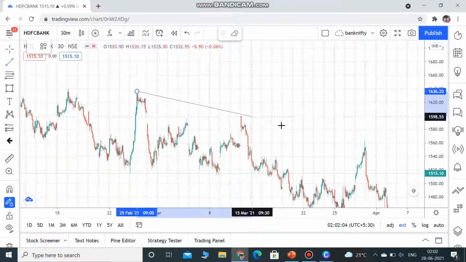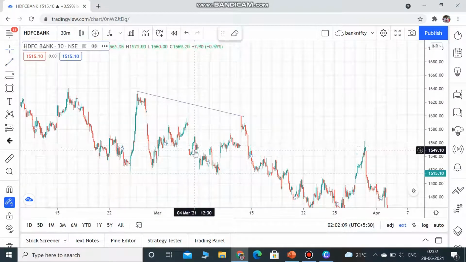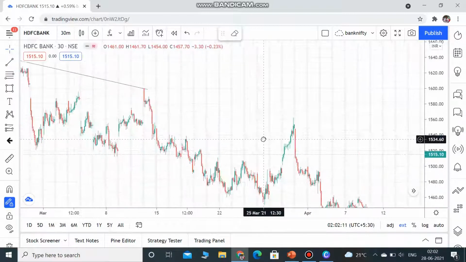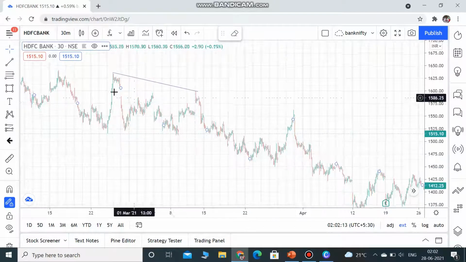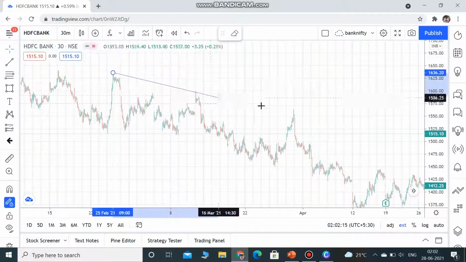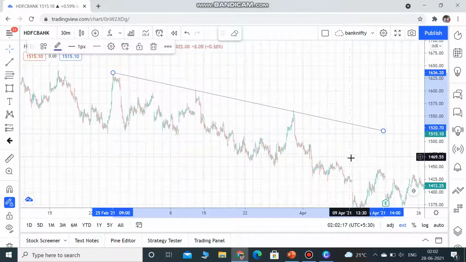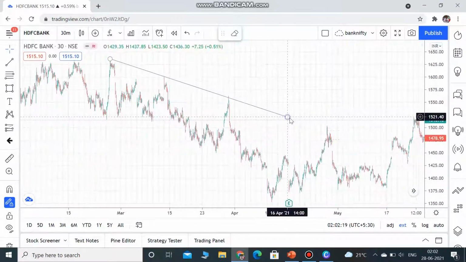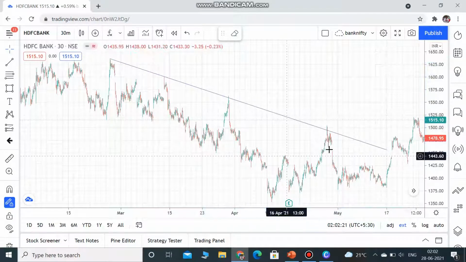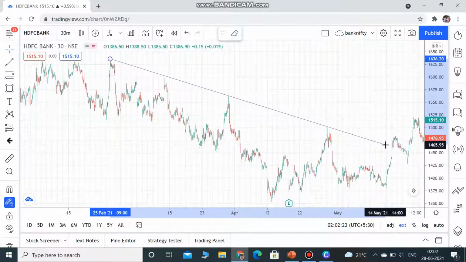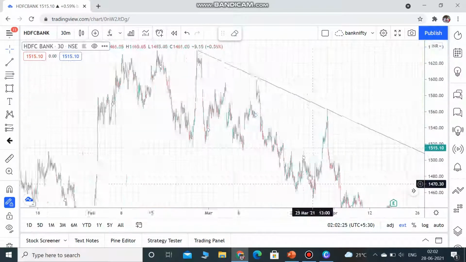I'll connect this high and this high. Then I will extend that particular trend like this. Like this, I will be marking all my highs.